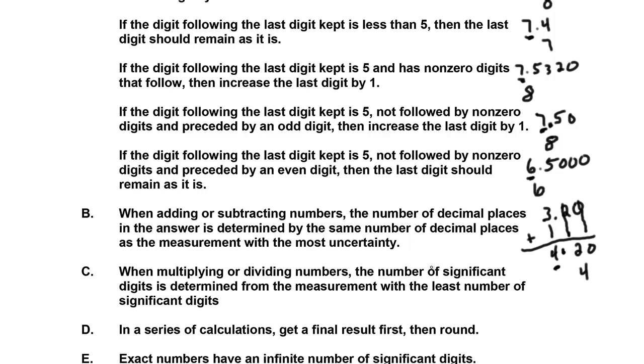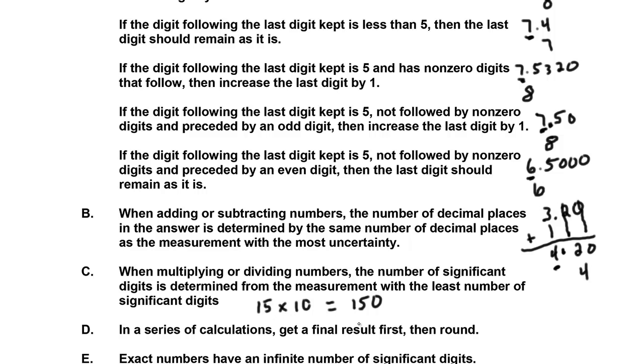When multiplying and dividing numbers, the number of significant digits is determined from the measurement with the least number of significant digits. So if I take 15 and multiply it by, say, 10, 10 times 15, you'd say is 150. And you'd think, okay, well, 2 digits here, but there's only one significant digit here.